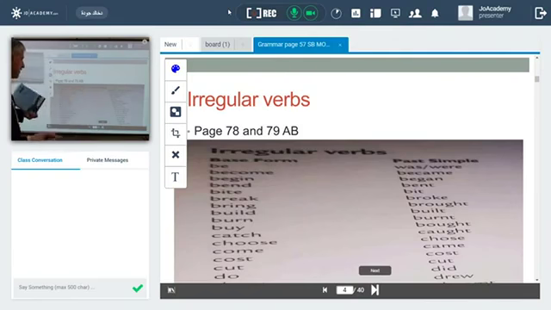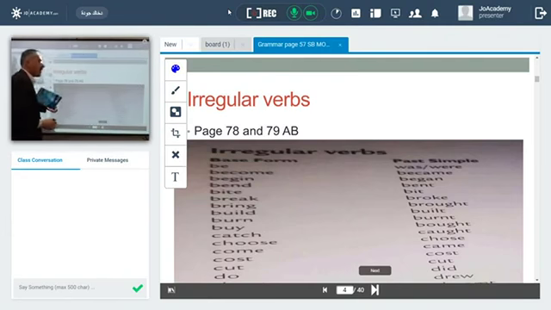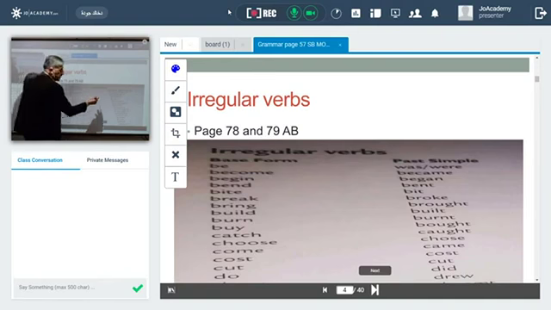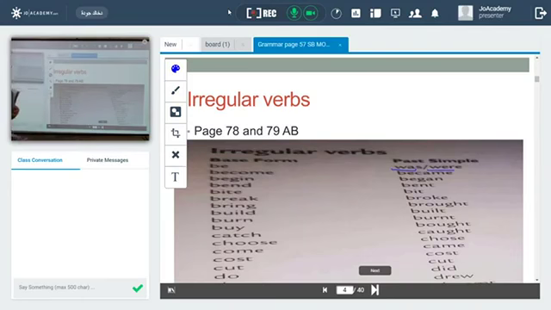So we have here the base form. We have past simple, and still we need to learn the past participle of these verbs. But at this level, we need only to know about the past simple of the verbs. So like we see, be here becomes was and were. Was or were.